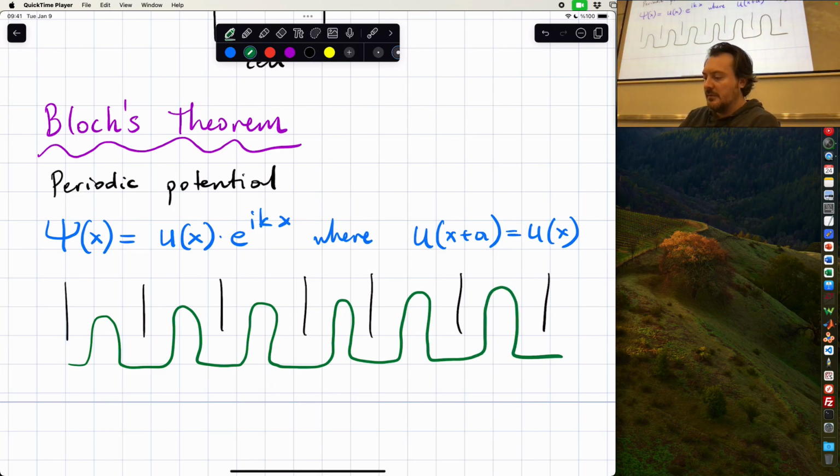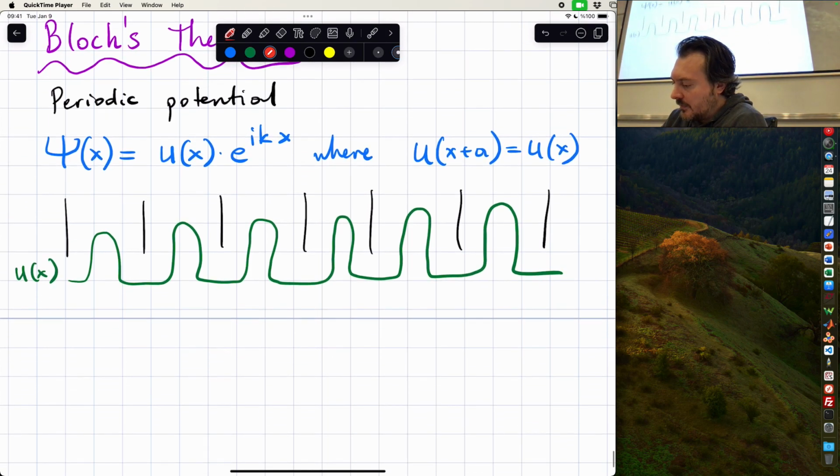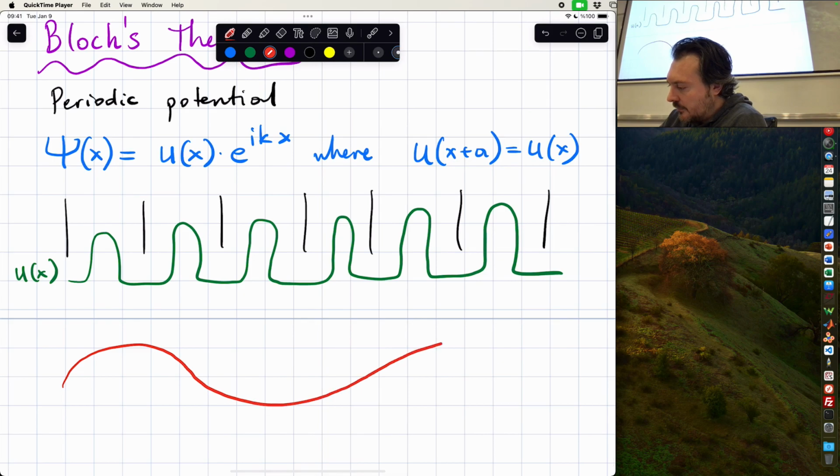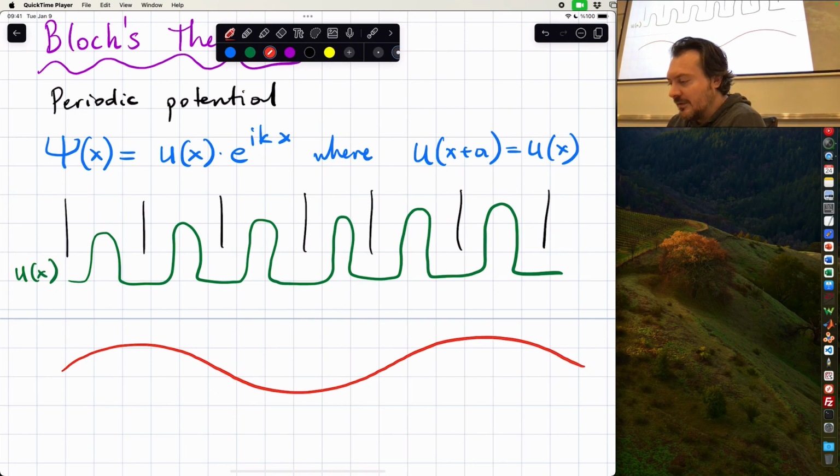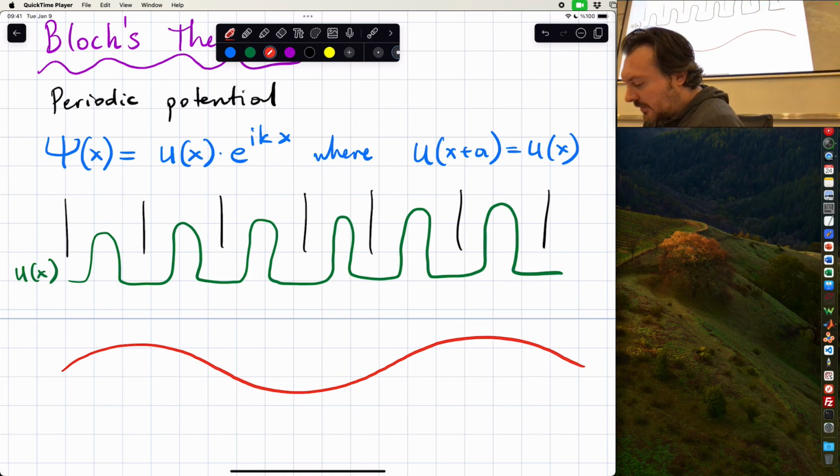Periodic part. This is the u of x part. And then it's multiplied by a plane wave, which doesn't need to fit into these things. Okay? Doesn't need to fit into that. It just has its own wave vector. Okay? Now multiply these two.